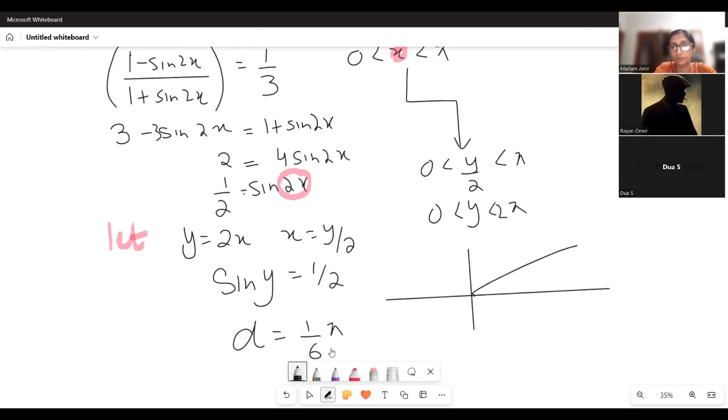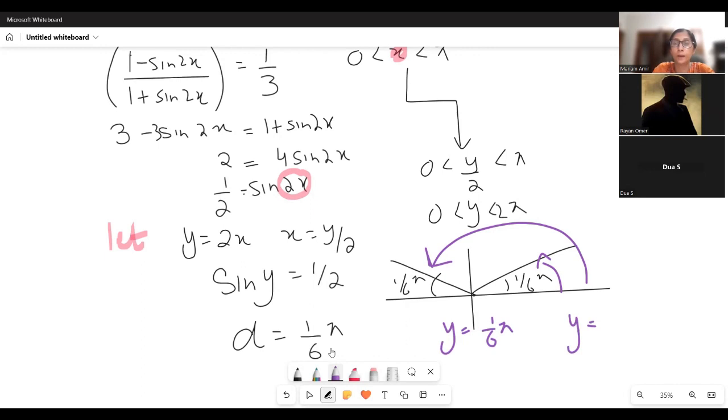So we get 1 by 6 pi here and 1 by 6 pi here. So this is the value for y and this is the value for y. So y is coming out to be 1 by 6 pi and the other y is pi minus 1 by 6 pi, which is 5 by 6 pi.